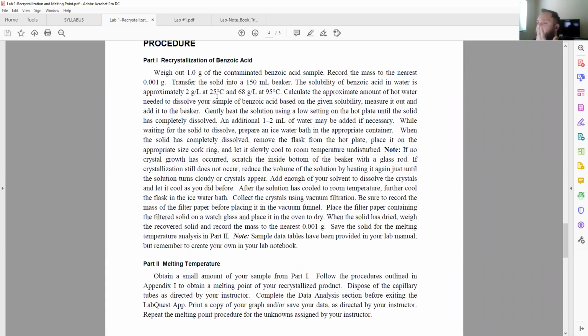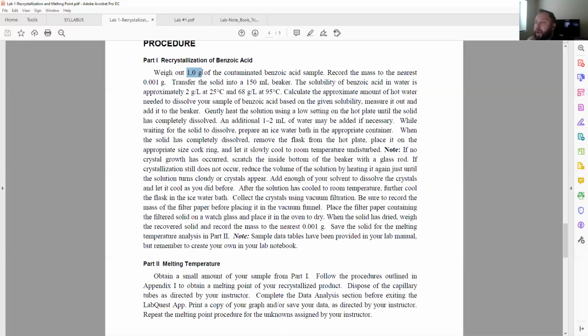So 2 grams per liter at 25 degrees Celsius, which is not relevant, and 68 grams per liter at 95 degrees Celsius. So this is the value that you want to use. Hypothetically, this isn't the data you're going to use, but say you have 1 gram. In the Excel, you have like 1.01 or something like that.